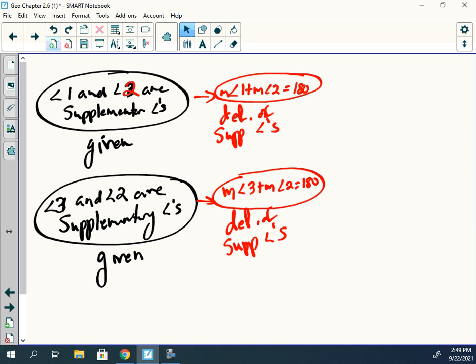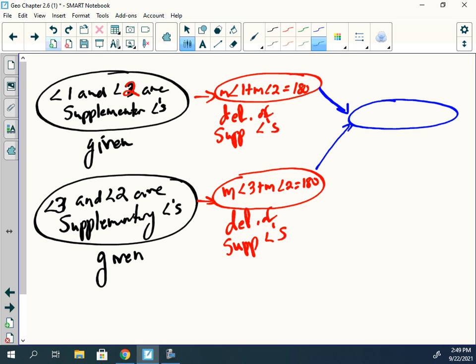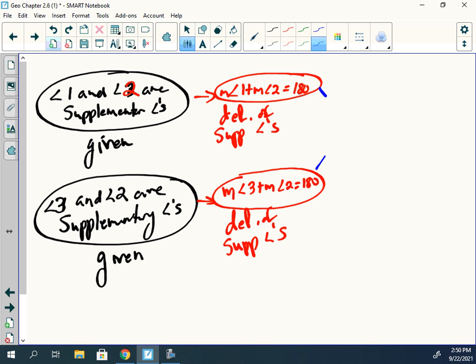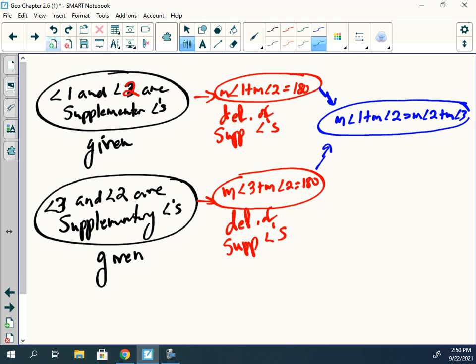So we've really taken these two statements and put them together. So in this flowchart proof, what we can do now, let me write this first: the measure of angle 1 plus the measure of angle 2 is equal to the measure of angle 2 plus the measure of angle 3. Transitive property of equality.